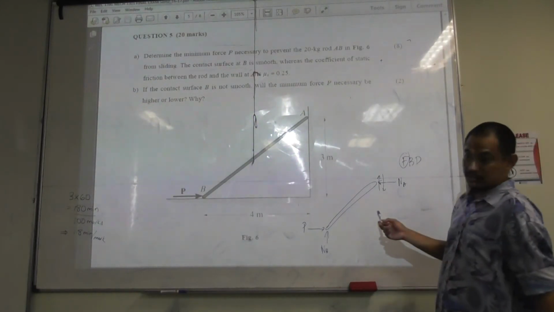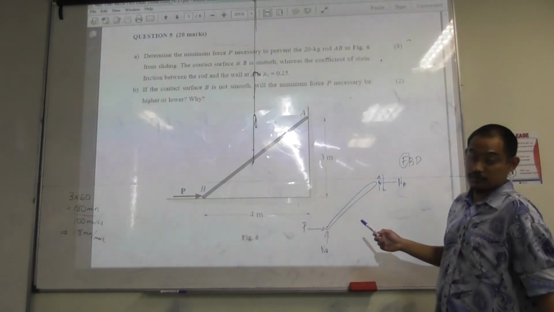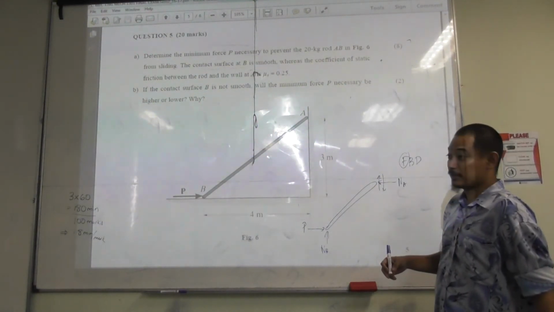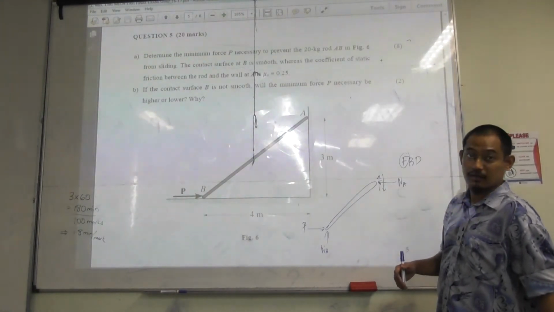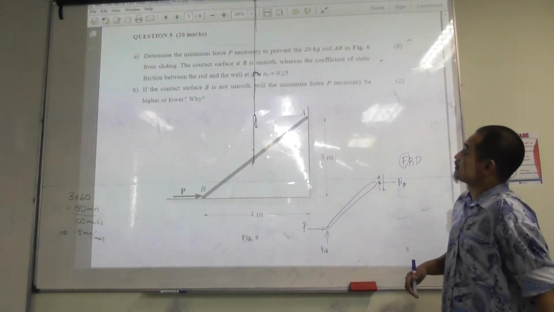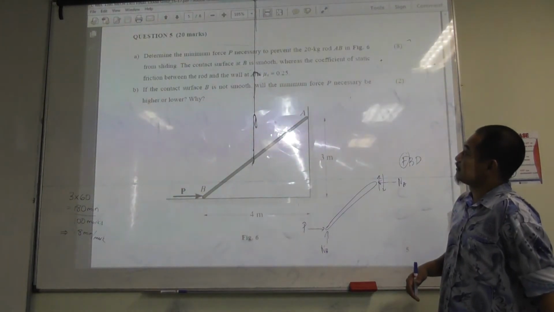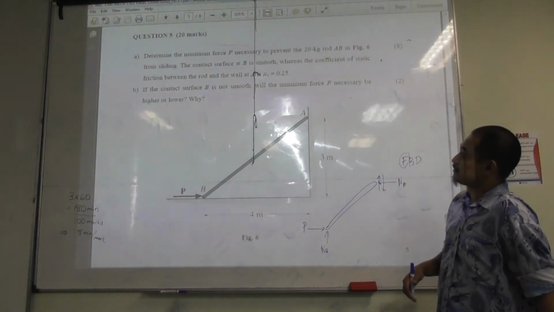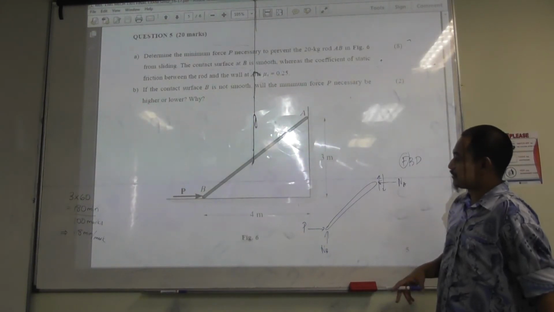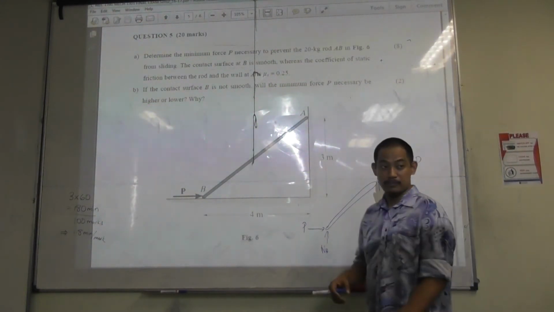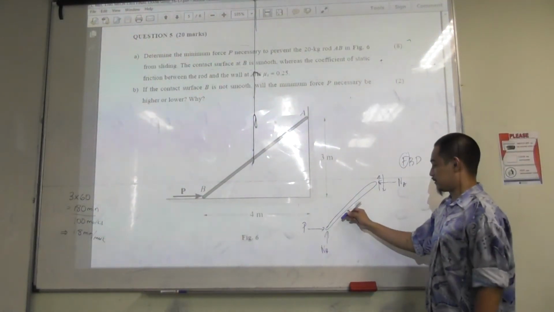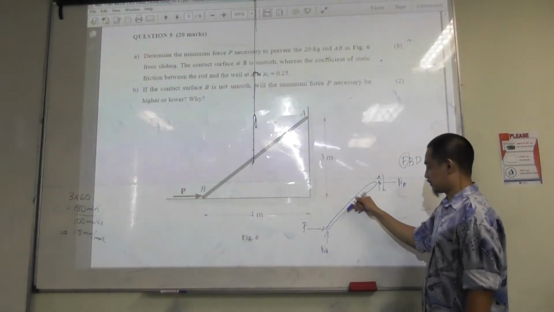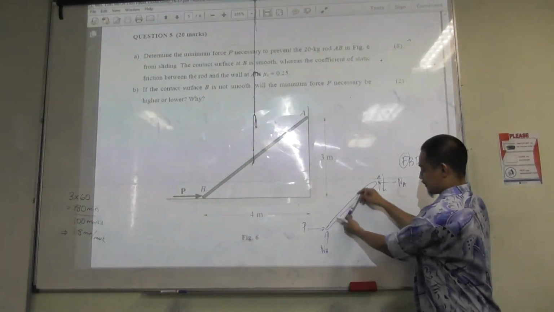Why is it upward or why is it downward? Sliding downward. How do you know it's sliding downward? Is it possible to slide upward? Which tends to happen in this question? Is it tend to slide down?